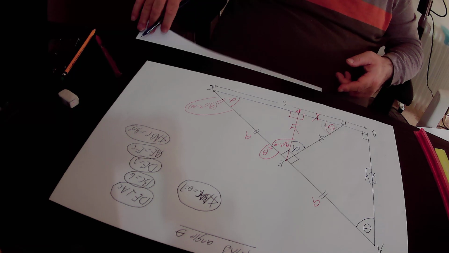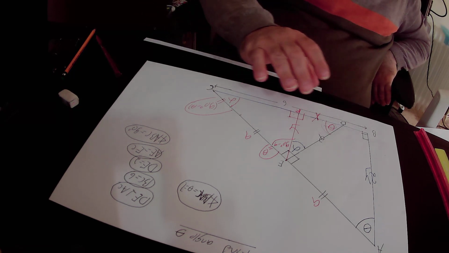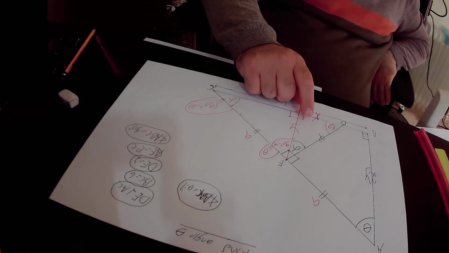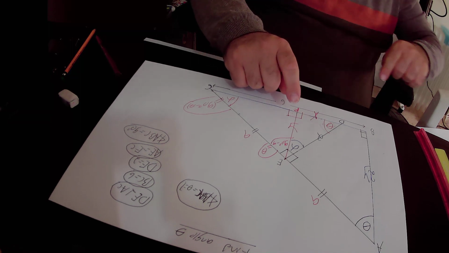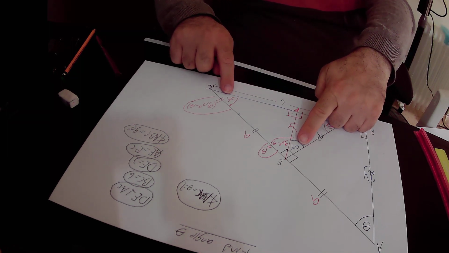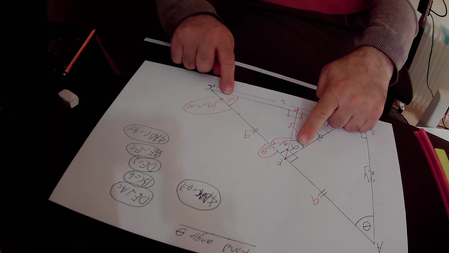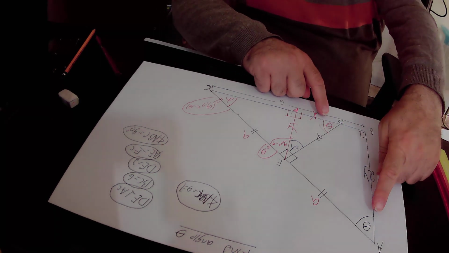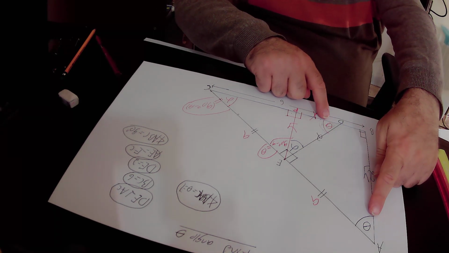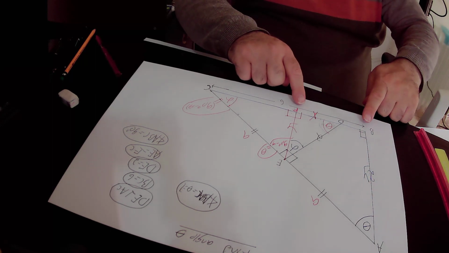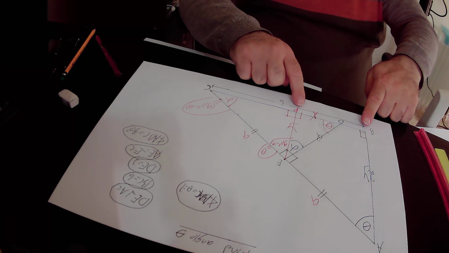So we prove that all the angles of triangle ABC are equal to all the angles of the right triangle EDF. Why? Because those two angles are both equal to alpha, those two angles are both equal to theta, and those two angles are both equal to 90 degrees, therefore they are equal to each other.